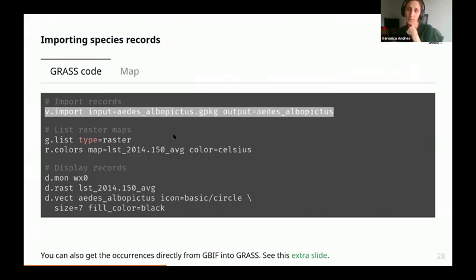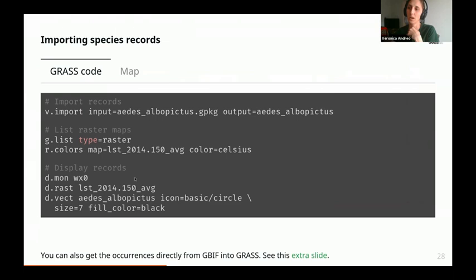So I import the data. Then I will just display it as I did before with clicking. I can also do it with commands. So I list the raster data because I want a background for my points. I set the color palette to Celsius for one of those maps. And then I open a monitor, display the raster and display the vector.